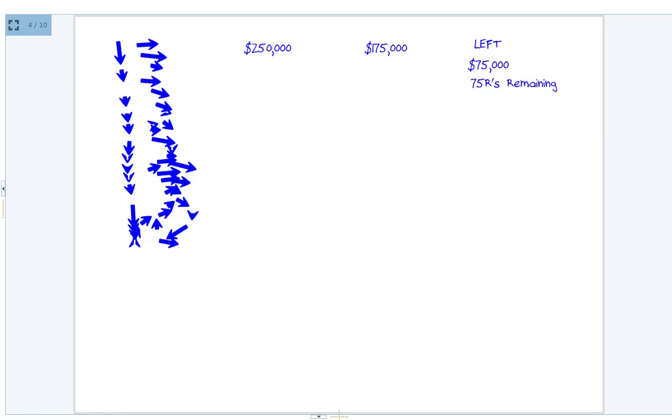So 75 hours remaining till my end of the year goal. So I have September, October, November, and December. I have 4 months left. So 75 hours divided by 4 months. So I basically now need to make an average of about 19 hours a month, right? I need to make 19 hours a month, and then I can finally touch my day trading goal.